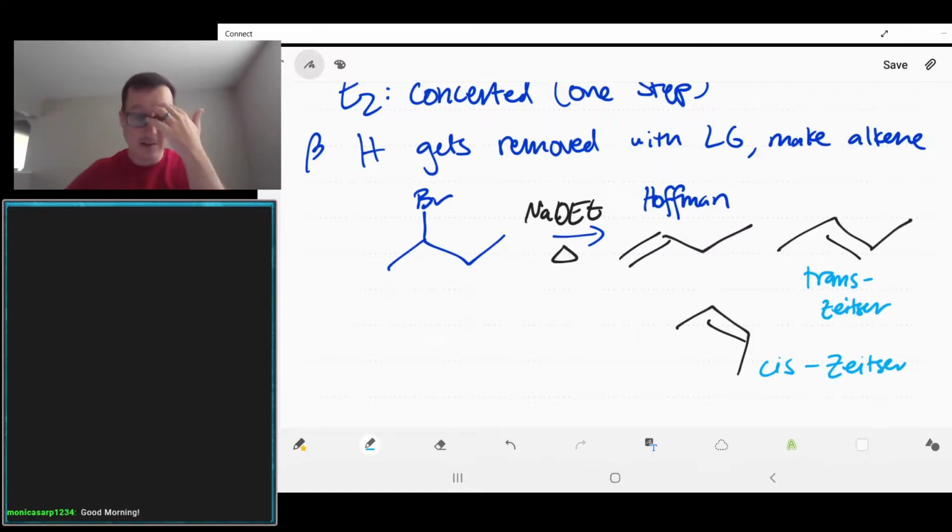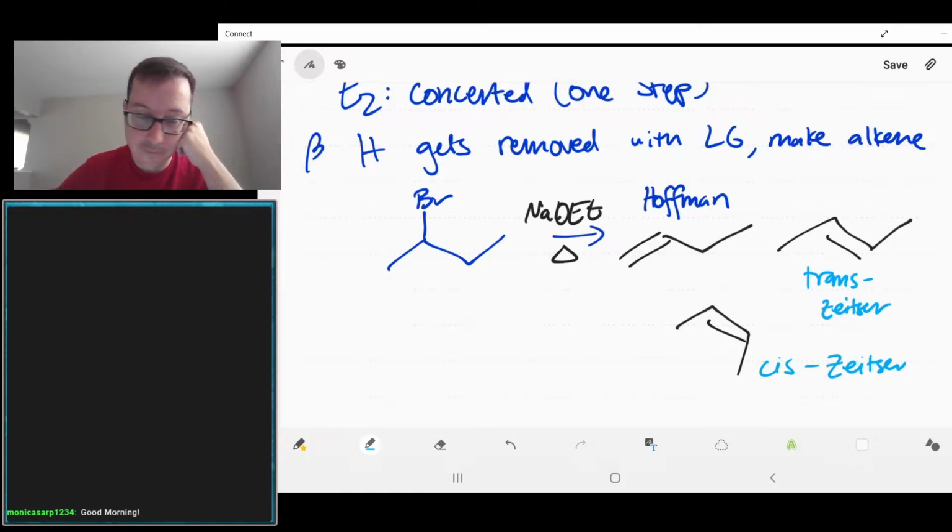Remember, I'm only using cis here in terms of terminology, helping you see the relationship between the substituents. And it's pretty obvious for us here, cis and trans, right? Remember, with naming things, we use E and Z instead. But this is just showing you more easily. So we end up with three products here. We have the Hofmann product, we have the trans Zaitsev product, and the cis Zaitsev product.